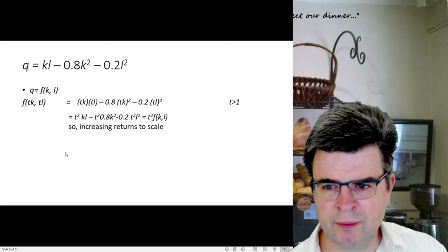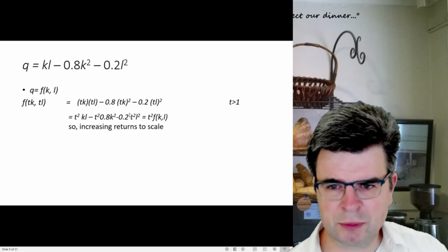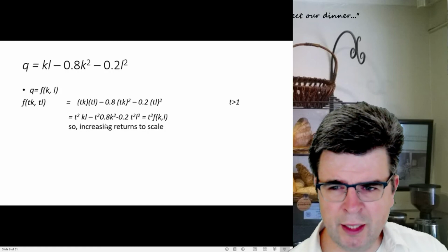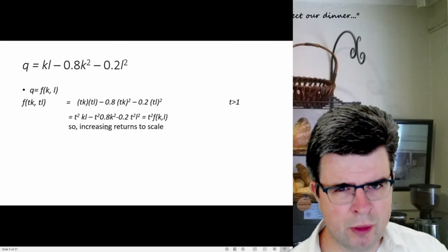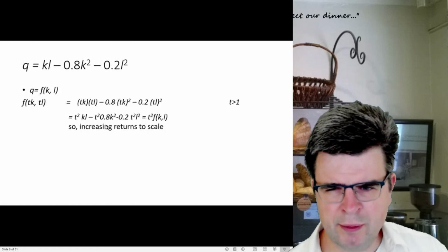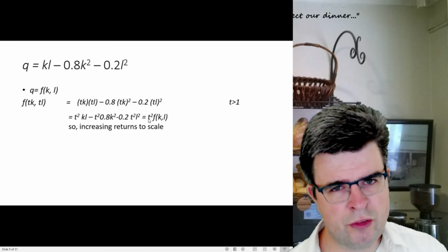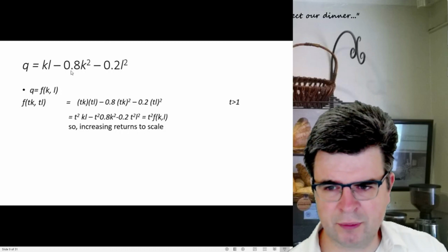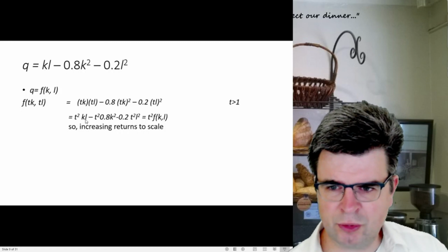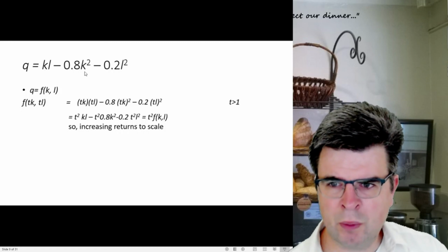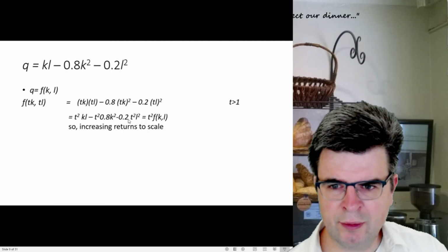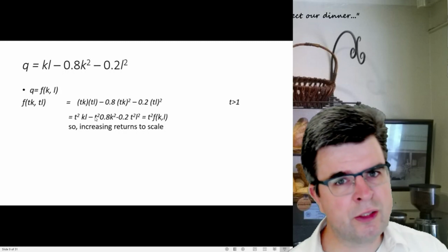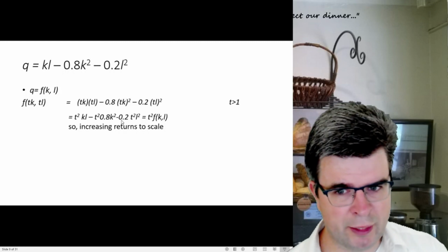If we do that, you get this expression over here, and you can see that this equation is exactly T squared times the original production function given here, because the KL term is over here, the minus 0.8K squared is over here, the minus 0.2L squared is over here, and all three terms get multiplied by T squared.